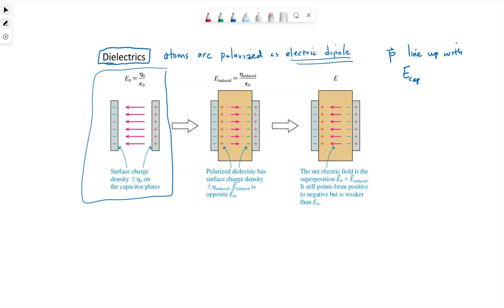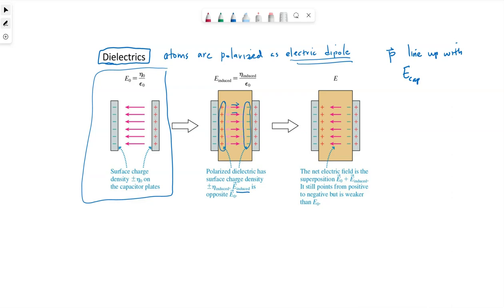But what that does, the dipole moment, if you remember, points negative to positive. It's the lighter arrow in the picture. It's in the same direction as the original electric field. But what happens is that we now have an induced electric field.